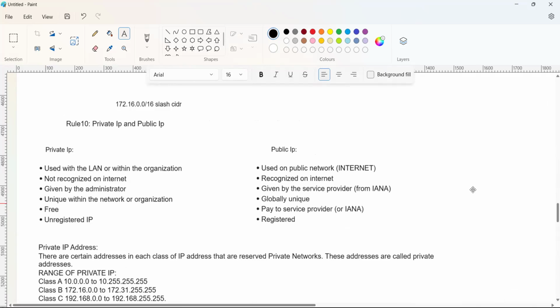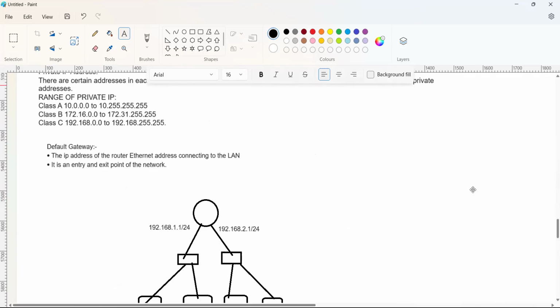What is the use of those, and what is the default gateway?